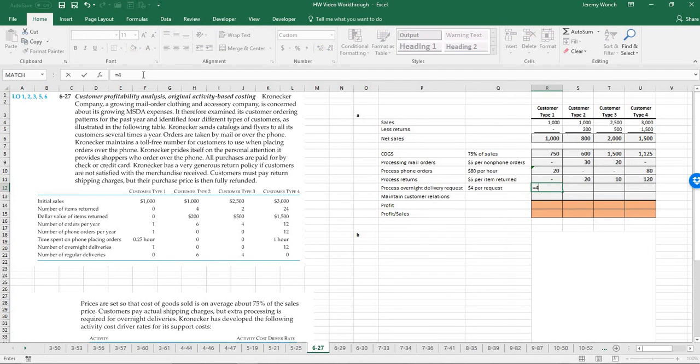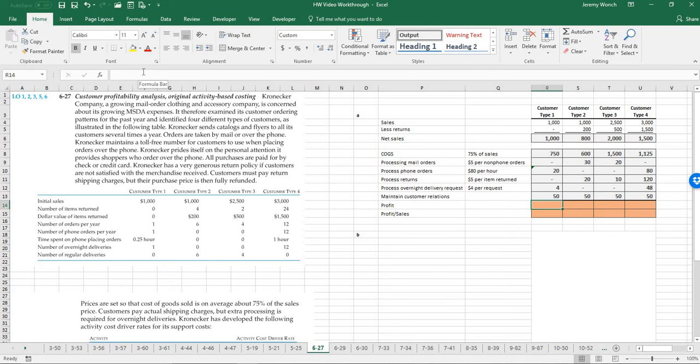Alright, overnights are $4 per request. Customer 1 has 1 overnight request. Customer 2 doesn't have any. Customer 3 doesn't have any. And customer 4 has 12. And then customer relations are $50 apiece.